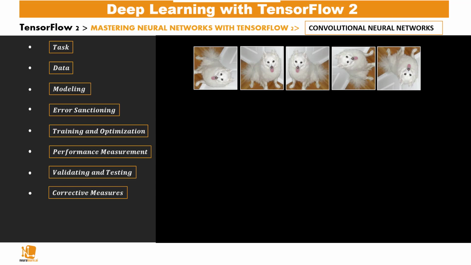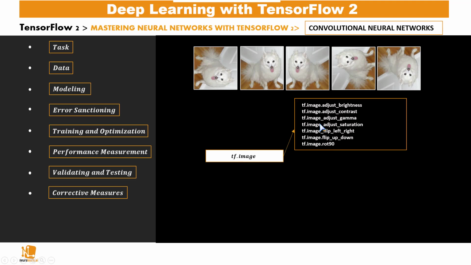Hello everyone, and welcome to this new section in which we'll delve deep into implementing data augmentation with TensorFlow 2. The first method we'll use in implementing data augmentation will be using this TensorFlow image module, which is made of these different functions. This is just a few of these functions, and you could check out the rest in the documentation.